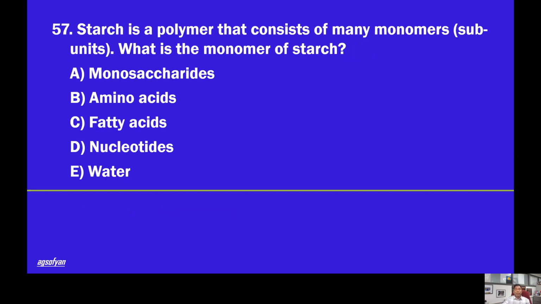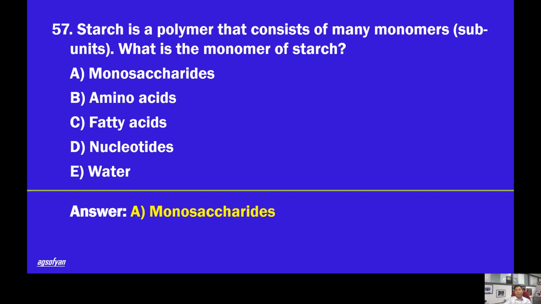57. Starch is a polymer that consists of many monomers or subunits. What is the monomer of starch? A. Monosaccharide, B. Amino acid, C. Fatty acid, D. Nucleotides, E. Water. Choose your answer. Yes, the answer is monosaccharide.